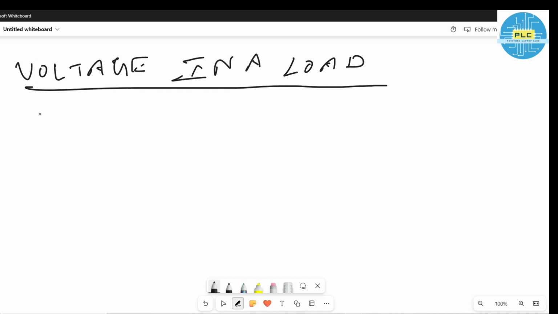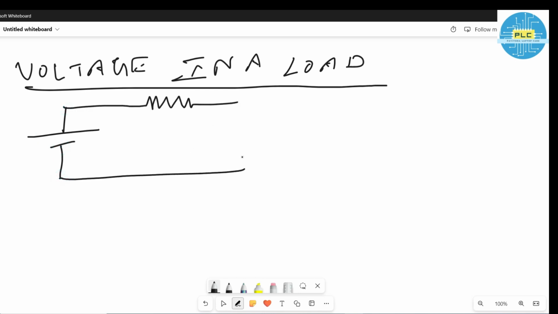One more time, I'll explain the voltage theory, what it will be in a circuit. See, consider it is a circuit. Here the resistor is a load, this one is the output. From here this is positive and this is negative, consider it's 19.5 volts.